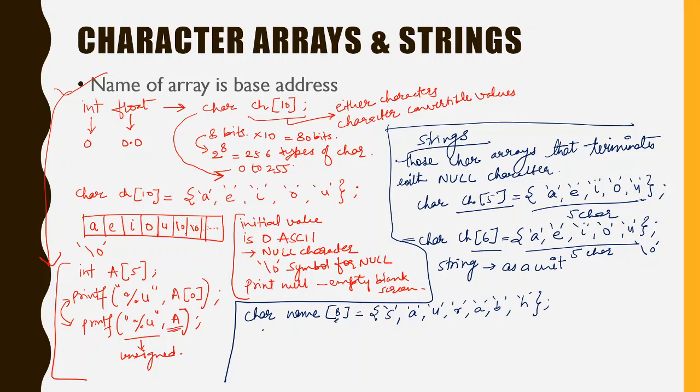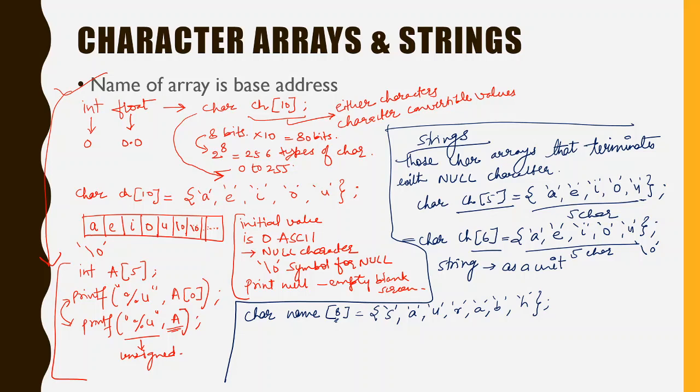So instead of character by character, a string is used when the whole entity is important. Here the name is important. The name is Saurabh. Individually, the characters might not be important for the application, but you want to store the name as a whole entity.